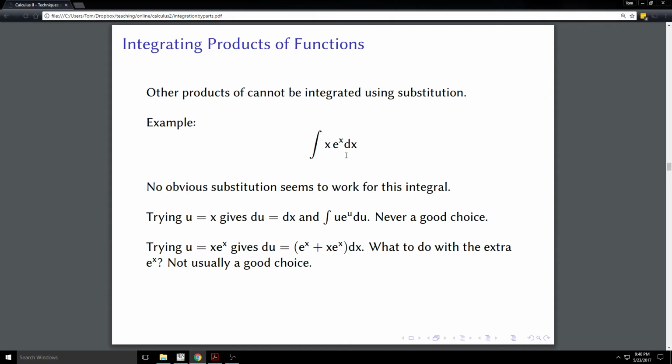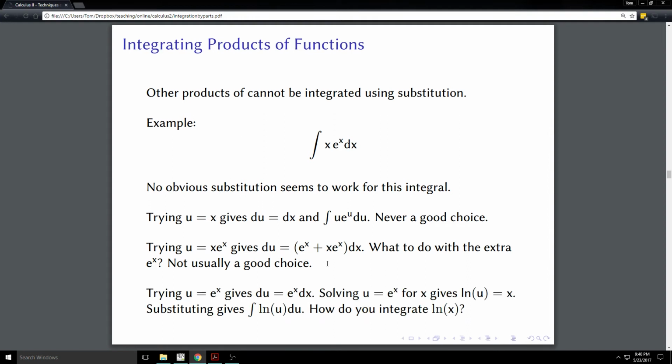The trick is to add e to the x and subtract e to the x out of here, and you can finagle this around and make it work. But what I want you to take home from here is that choosing u to be everything in your integrand is not usually a good choice. So that doesn't really seem to work out. It kind of does, but it's really tricky.